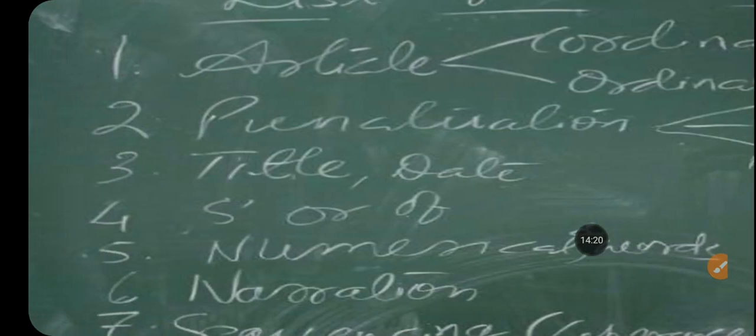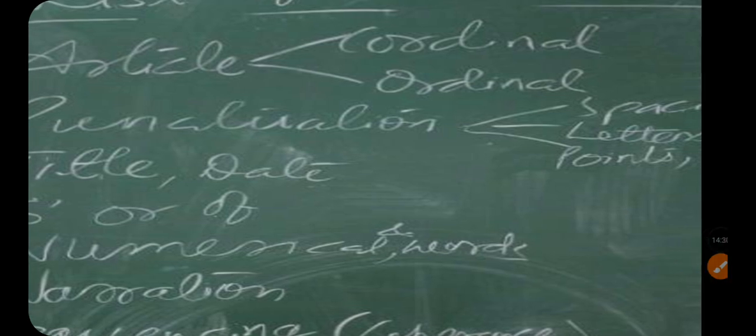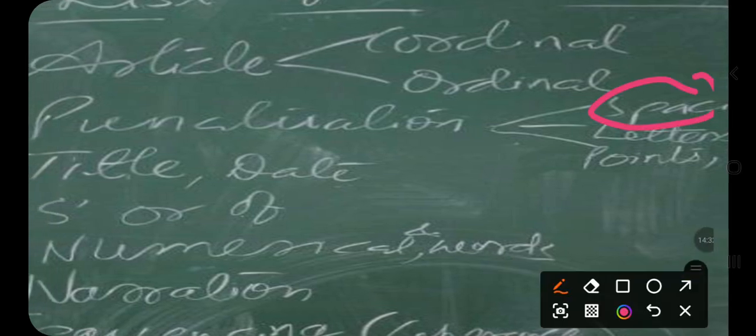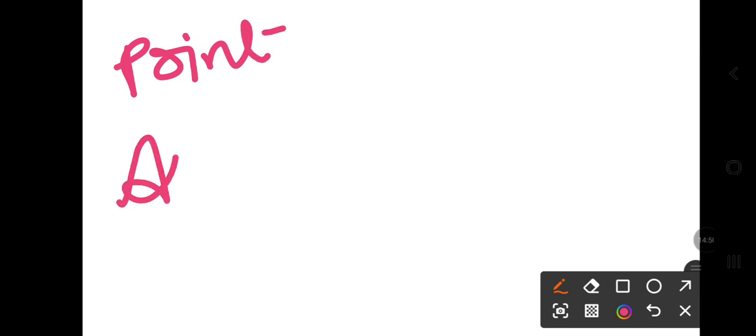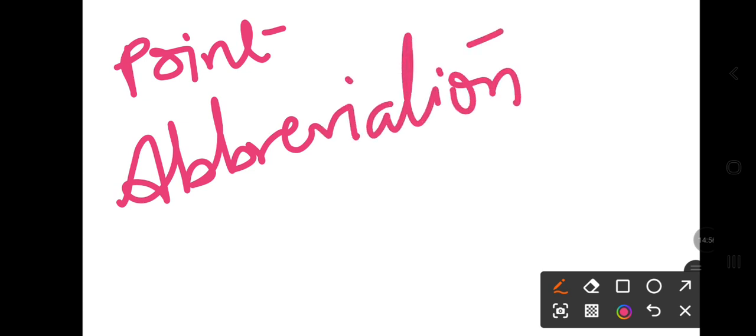Now, here we have written space, letter and points. So please take care. That point is also something we had discussed in the class. What is that point? It is the point for abbreviation and acronym.